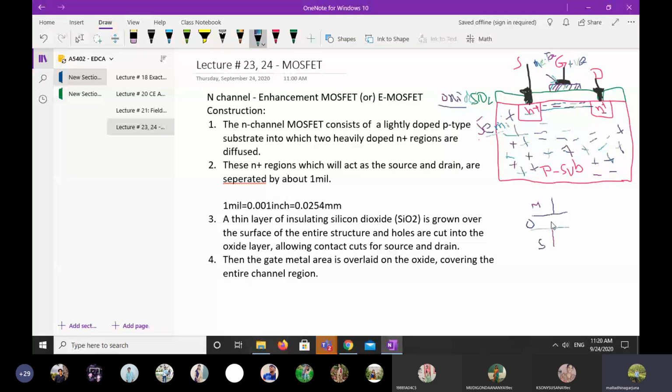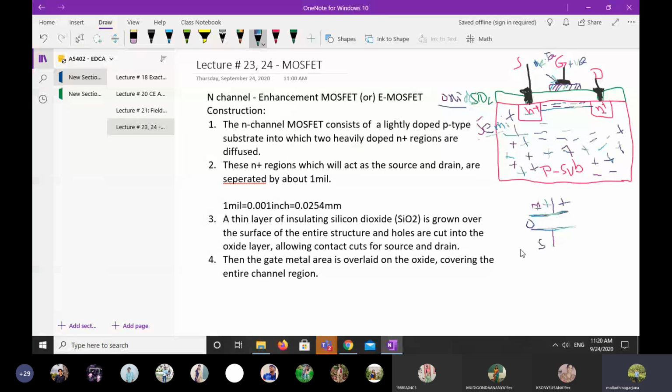Now you see the symbol. It is looking like a capacitor, right? The two parallel plates are there. What is the behavior of the capacitor? If you apply positive polarity to one particular plate, the opposite polarity will be induced in the opposite plate.